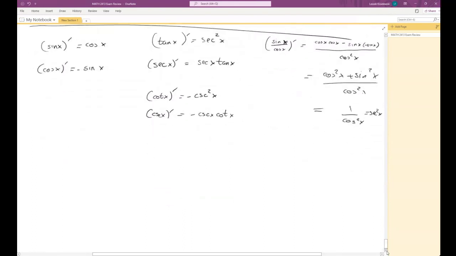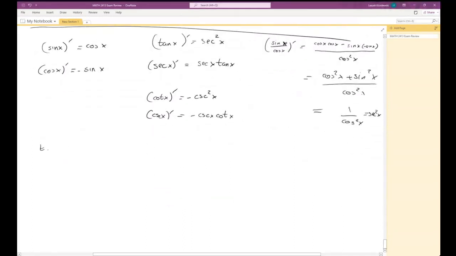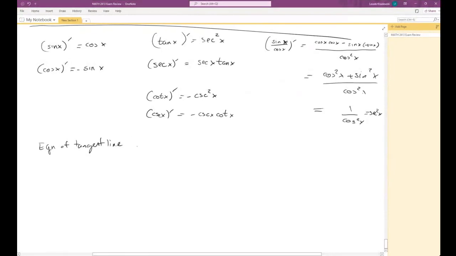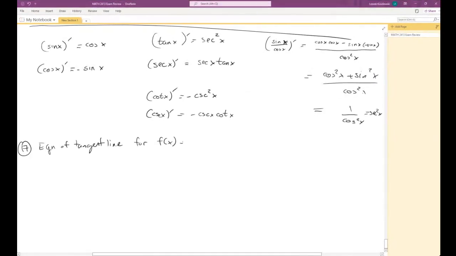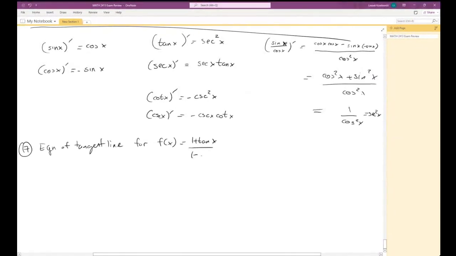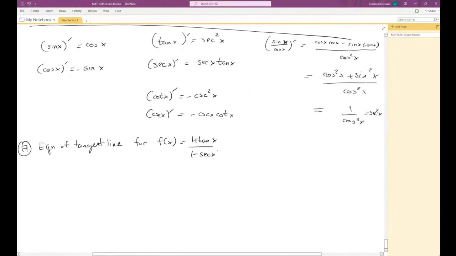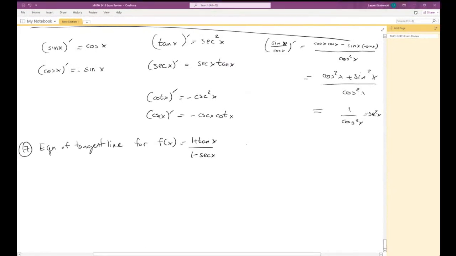So let's find the equation of the tangent line to this function. This is number 17, at x equals pi.